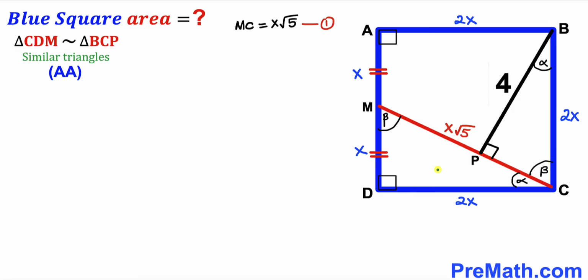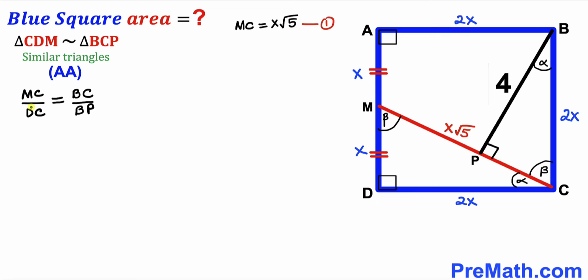So we conclude that this right triangle CDM and this other right triangle BCP are similar triangles according to the angle-angle similarity theorem. And since these two triangles are similar, we are going to have a proportion. We can write the ratio of MC to DC equal to the ratio of side length BC to BP.